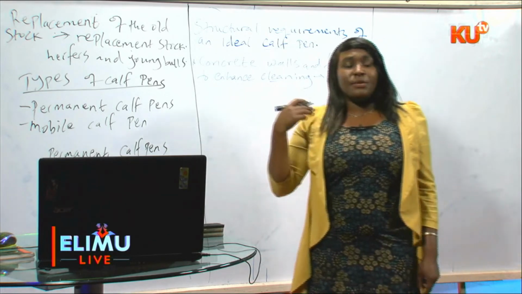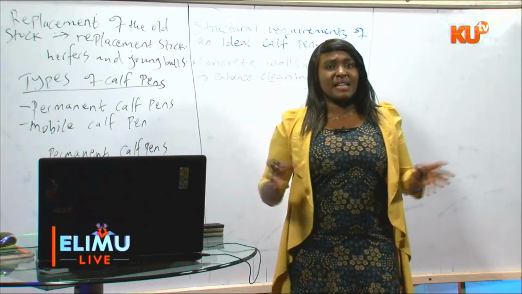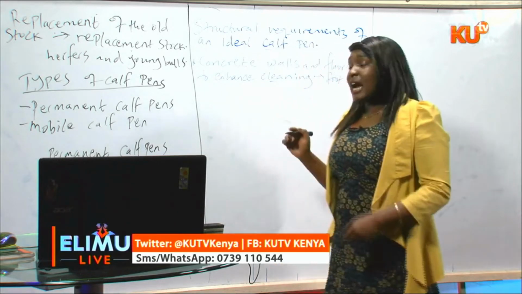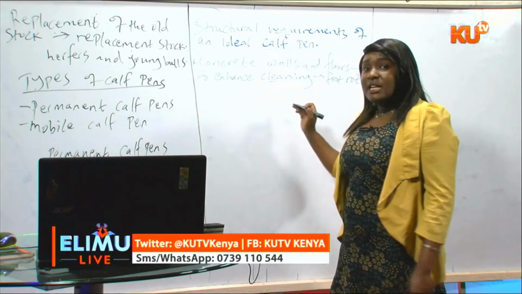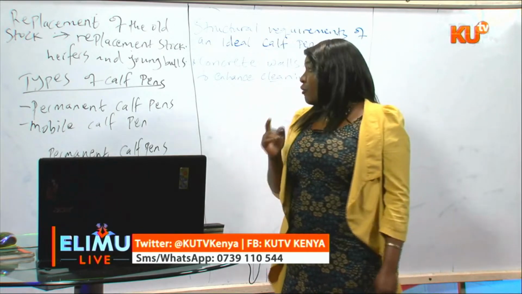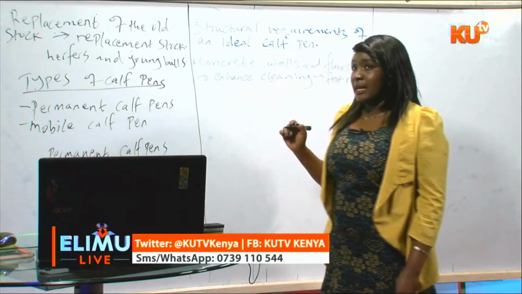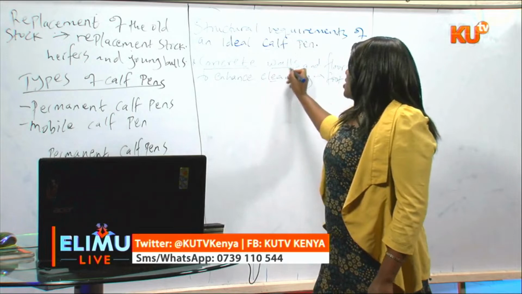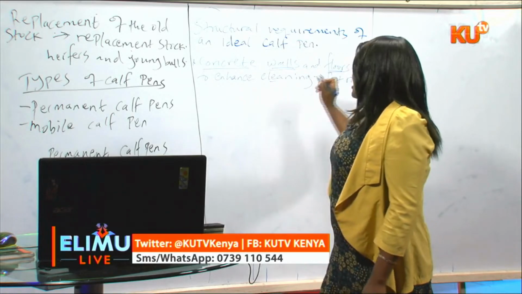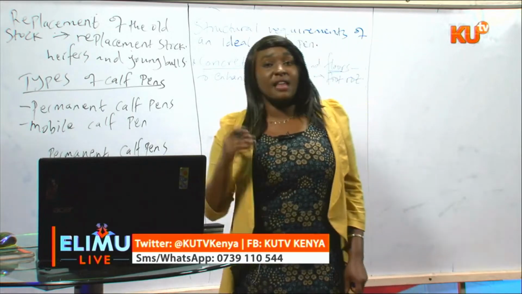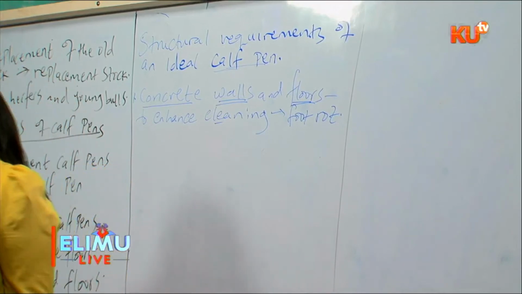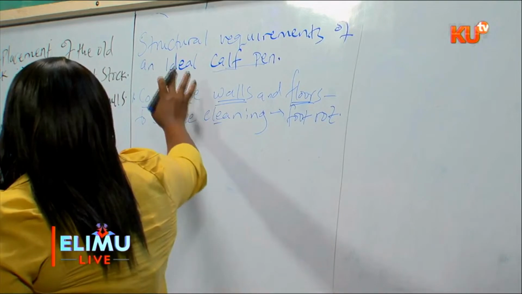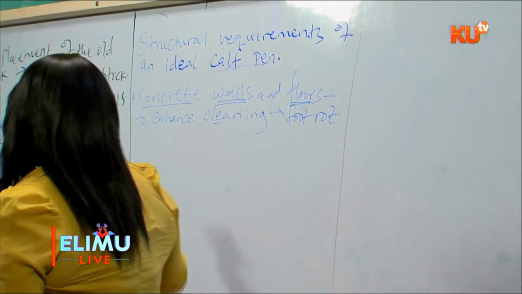Foot rot can be brought about by areas that are not clean. When there is accumulated dung and urine in the calf pen, that can lead to foot rot, according to the Form 3 syllabus that we did. Now, that is the first thing. Concrete walls: ensure, if you can, the walls are concrete and the floors are concrete. So that is the first requirement.